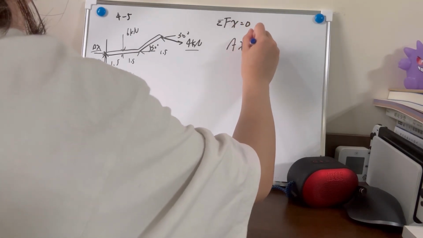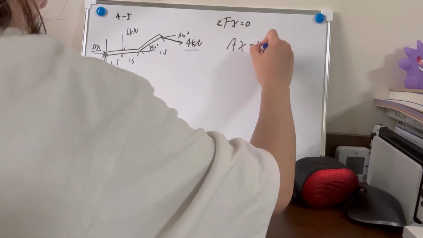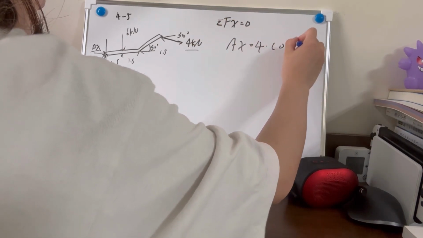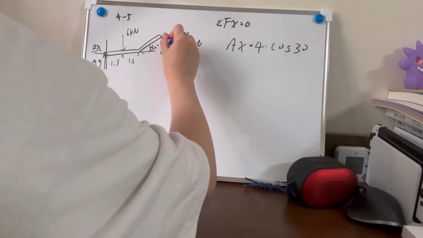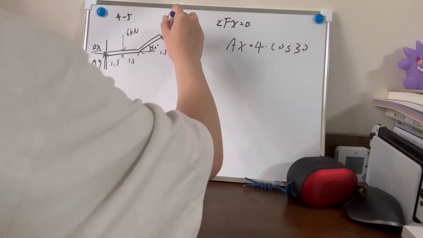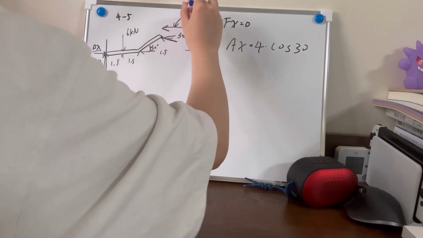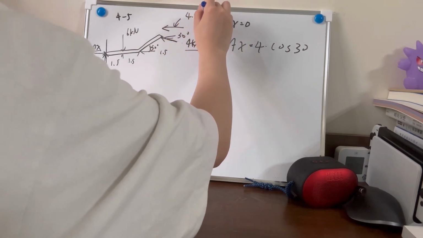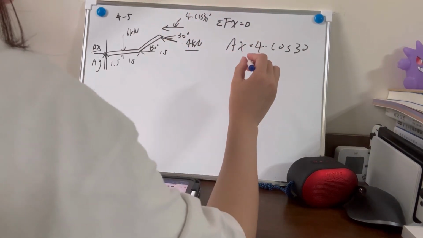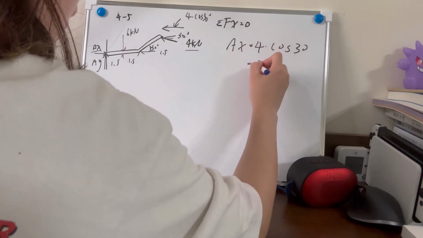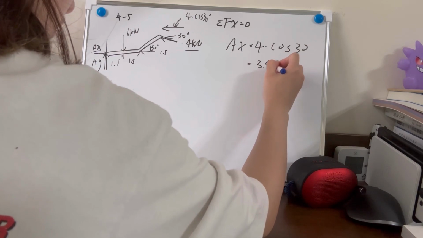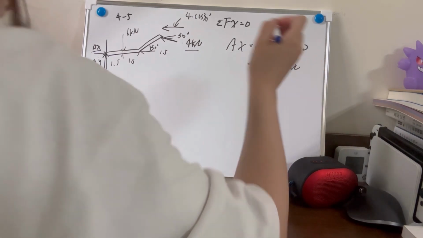So the force here would be Ax and 4 times cosine 30, because cosine 30 is like this, 4 times cosine 30. And we know the answer Ax is 3.46 kN.